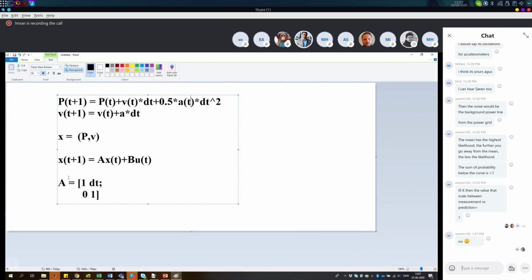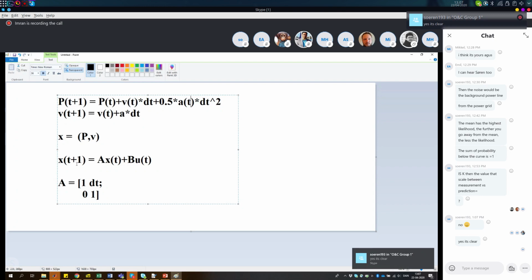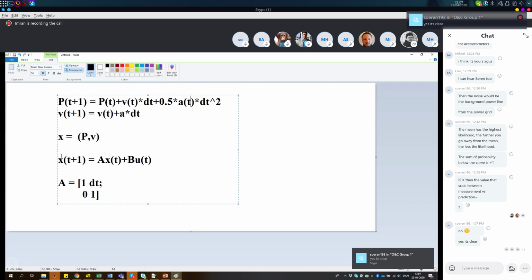So how do we get A? You see that this x is a vector of p, the position, and velocity. So this is the vector of position and velocity at t plus 1, while this x, the same one, is a vector of position and velocity, but at time t.